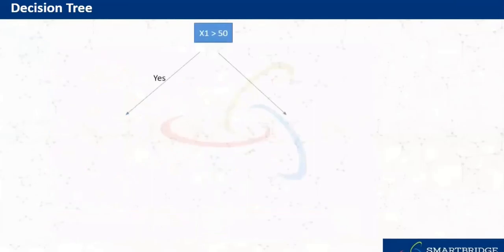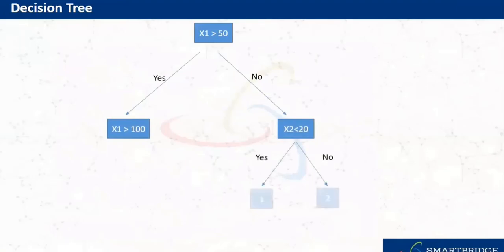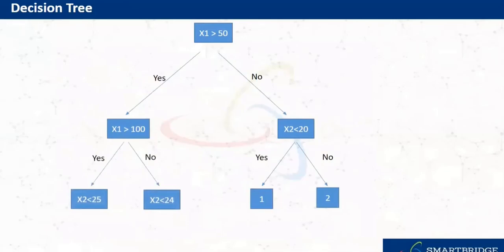So again, I'll give you an example. Now x1 is 25, x2 is 15. Now in which split does it come? Is it the first split or second split?